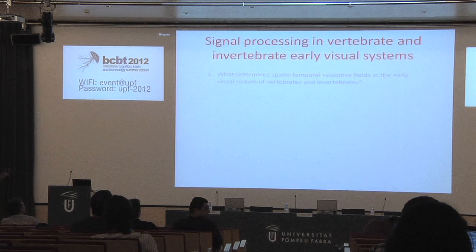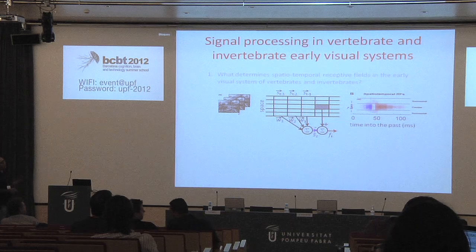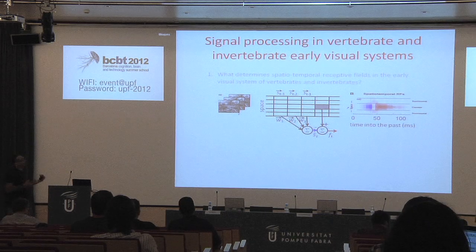Okay, so now we're done with the first part, which was a normative theory of the spatio-temporal receptive fields. And hopefully I convinced you that there is pretty reasonable evidence to think that the predictive coding framework is a good one to understand the system properties.